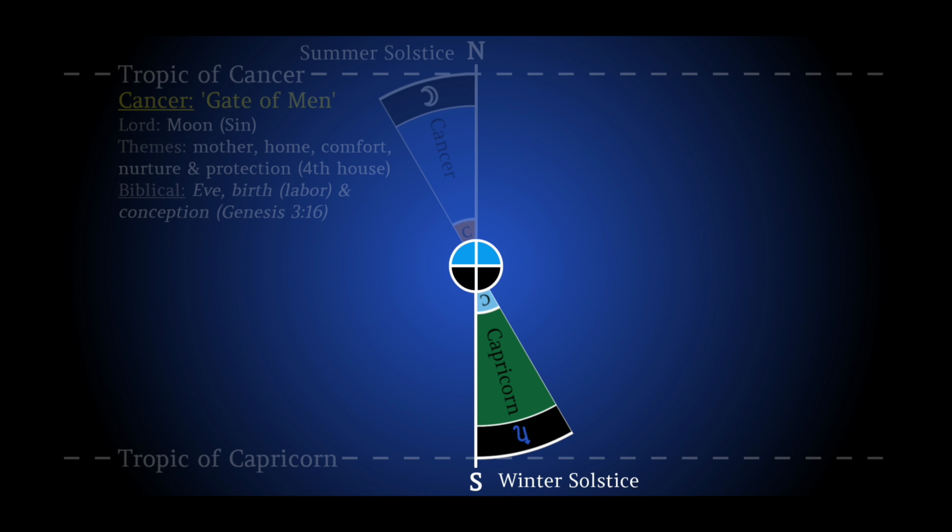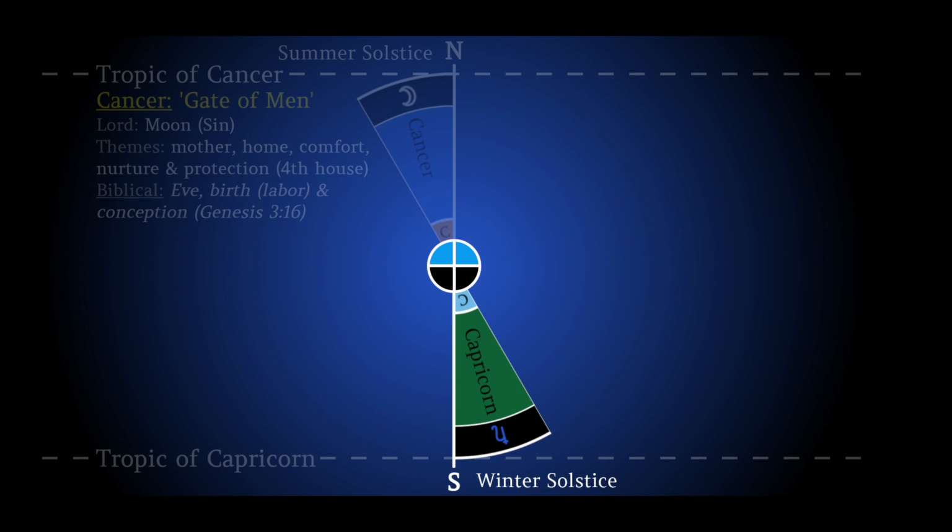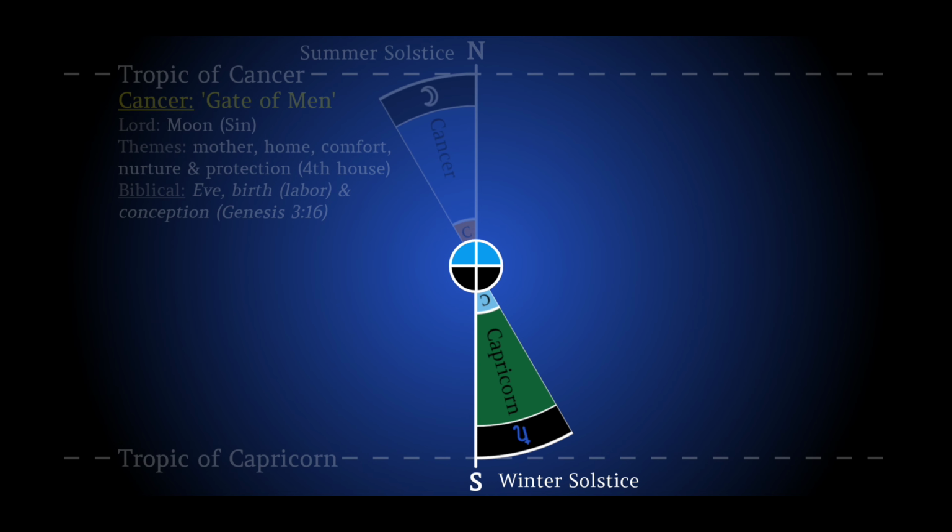But anyways, the Tropic of Capricorn, 0 degrees tropical Capricorn is the very bottom. It represents the very bottom of the zodiac because it's the shortest day of the year.